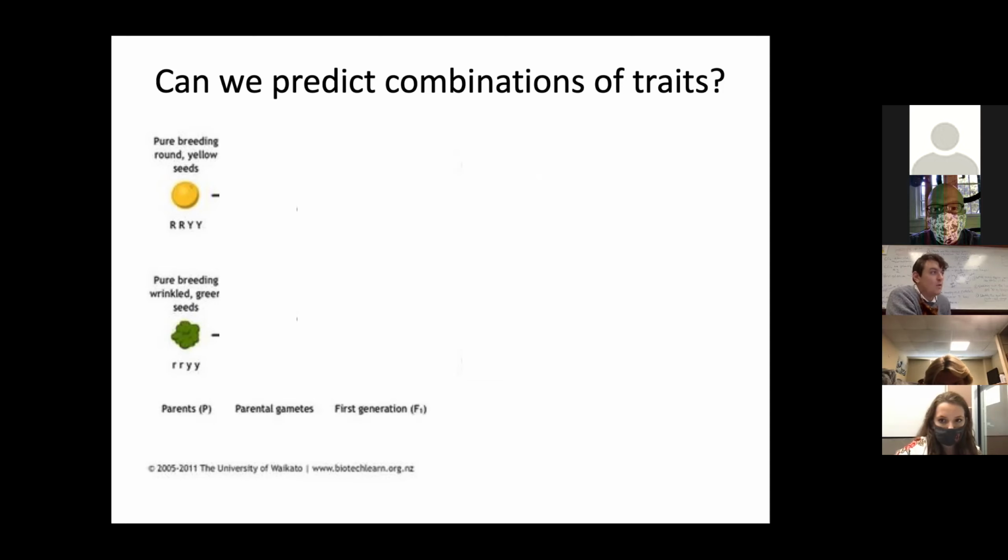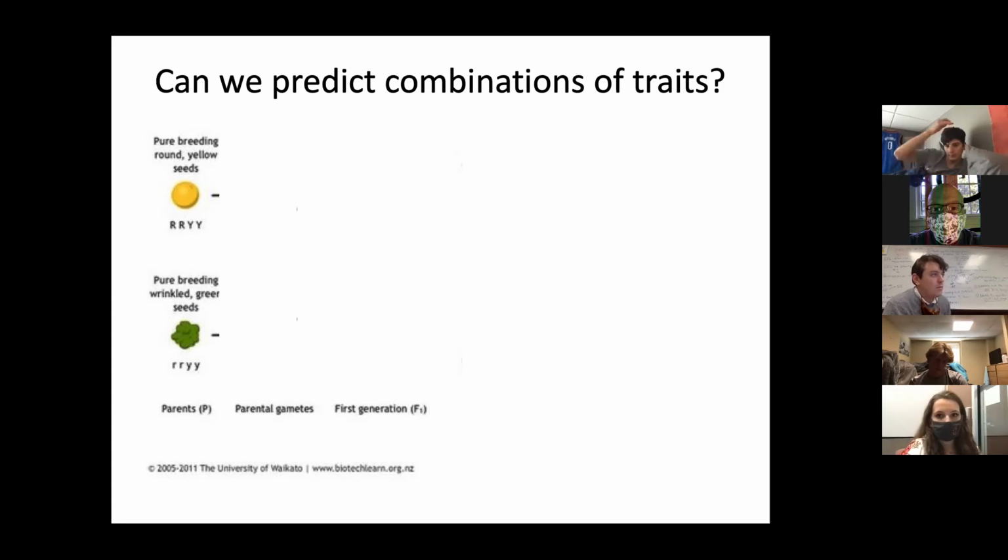A gamete has to get 1 copy of each of the 2 genes. Would it be big R, big Y on the top and little r, little y on the bottom? That's correct. Thanks, Joe.